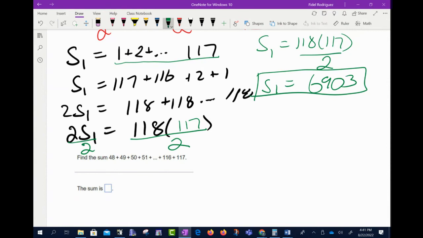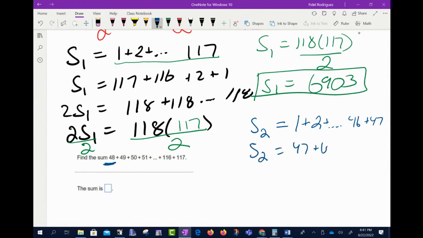All right, now I know that's not what I want, but I'm going to show you a process here. Now, suppose I call sum 2. Notice where I'm starting off here. I'm starting at 48. What happens if I were to add all the numbers all the way up to right before 47, and do that same process again, 47 and 46 and 2 and 1?